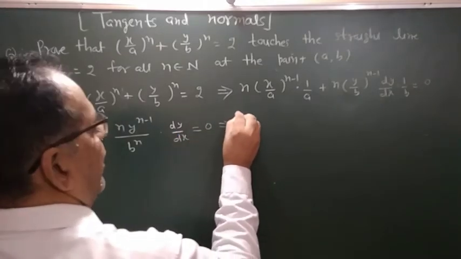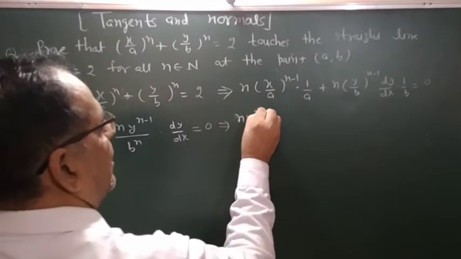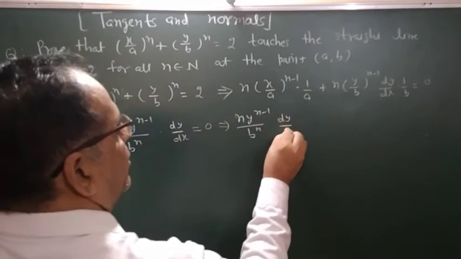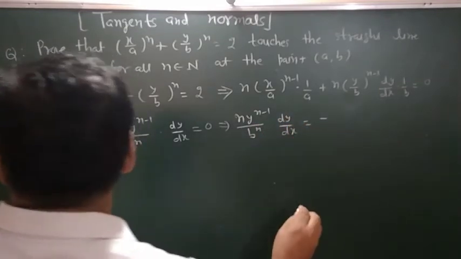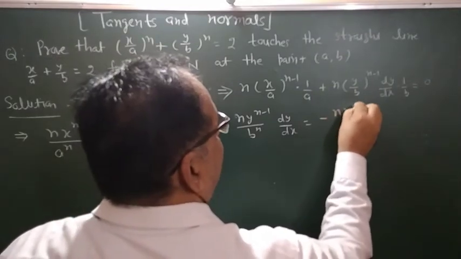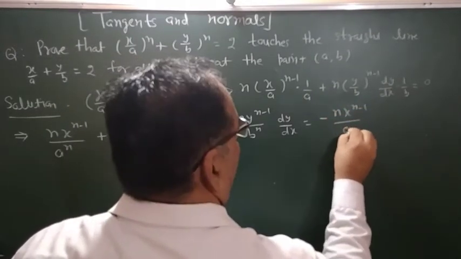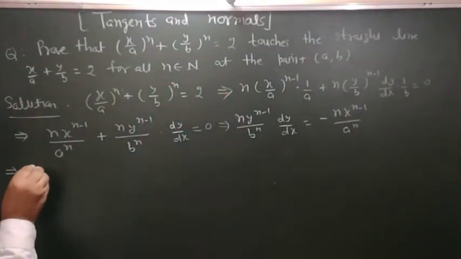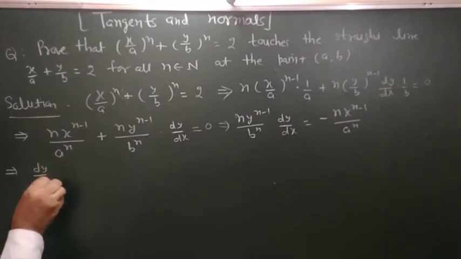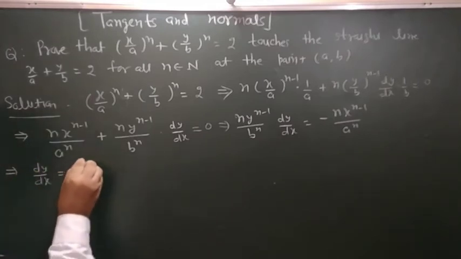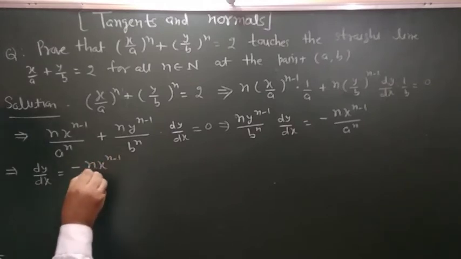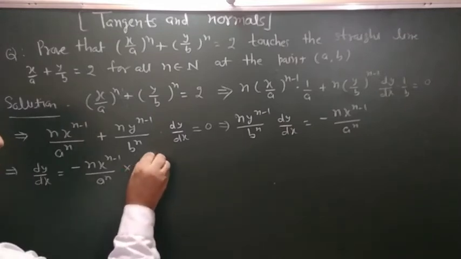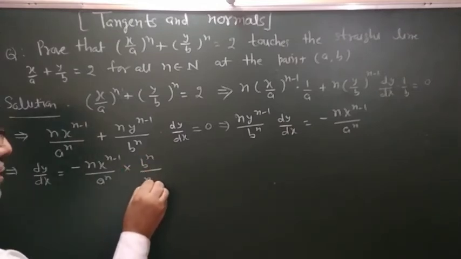Now n y^(n-1)/b^n dy/dx equal to minus n x^(n-1)/a^n. So now dy/dx becomes minus n x^(n-1)/a^n into b^n/(n y^(n-1)).